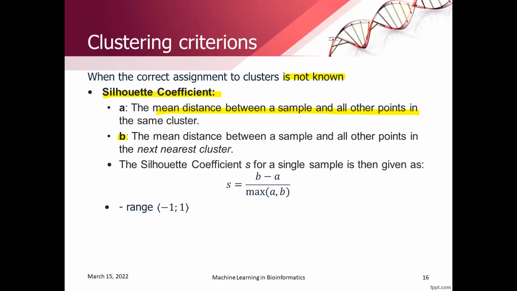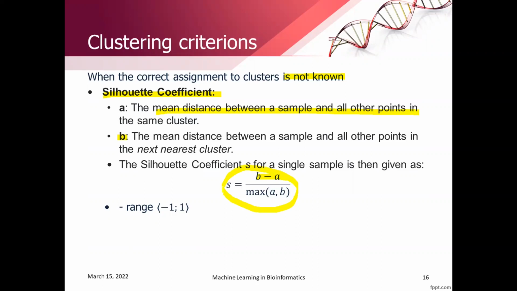And the criterion is B minus A divided by the maximum of A and B. So these values are computed for all observations, and then we compute this formula. Such a formula has a range of values between -1 and +1.